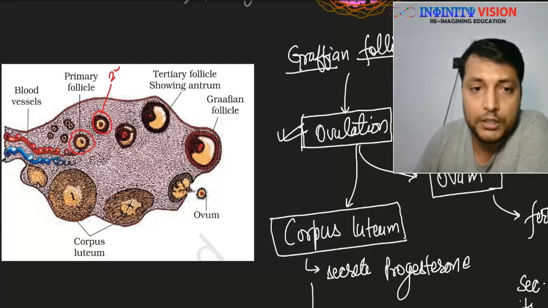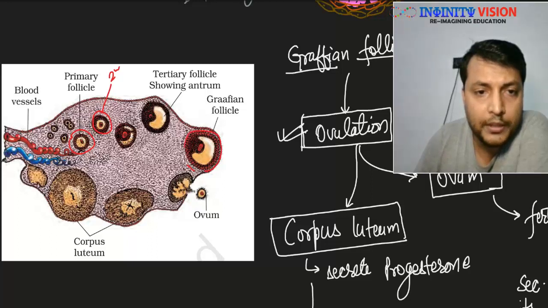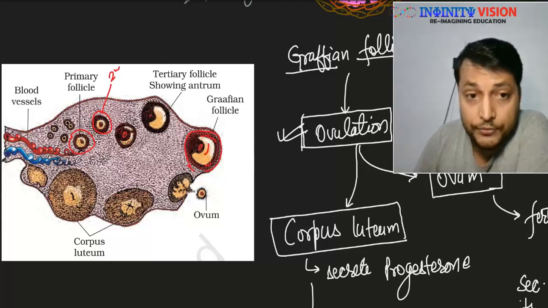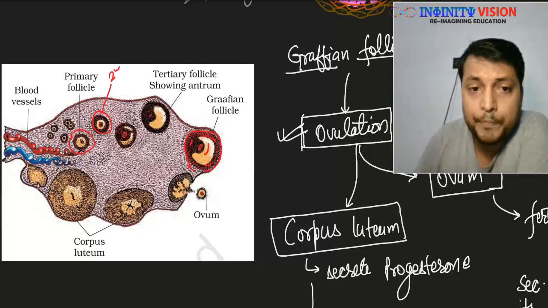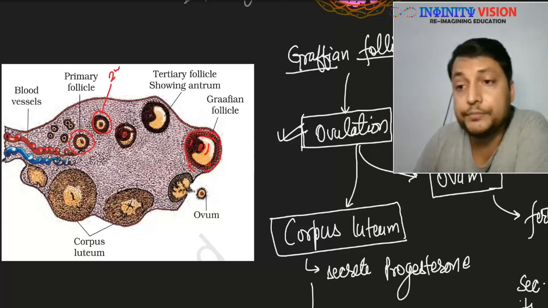Now in the Graafian follicle, if you see, these are the cells outside forming the theca. Then there are membrana granulosa cells, there is antrum with liquor folliculi, there is discus. This is the secondary oocyte, and outside the secondary oocyte there will be zona pellucida, corona radiata, and cumulus oophorus cells.